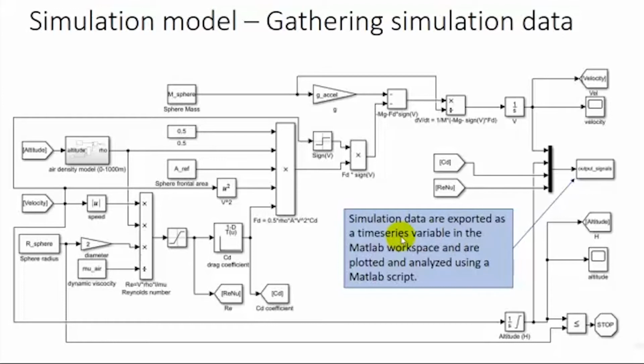For the testing of the simulation model, we need to run the simulation for different scenarios and gather the simulation data with an appropriate block from the Simulink library, which exports the simulation data as a time series variable in the MATLAB workspace. The data in the MATLAB workspace are then imported into a MATLAB script and analyzed and plotted.